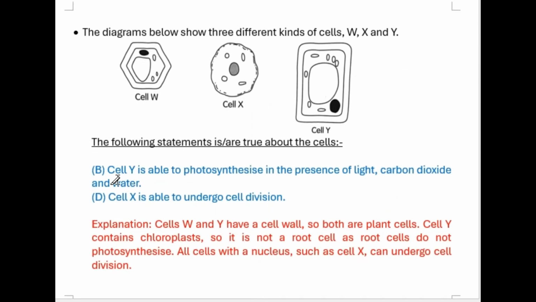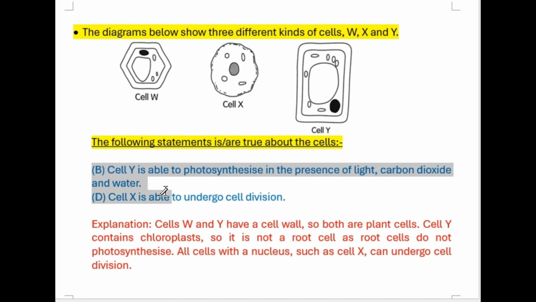The diagrams below show three different kinds of cells, W, X, and Y. The following statements are true about the cells. B. Cell Y is able to photosynthesize in the presence of light, carbon dioxide, and water. D. Cell X is able to undergo cell division.